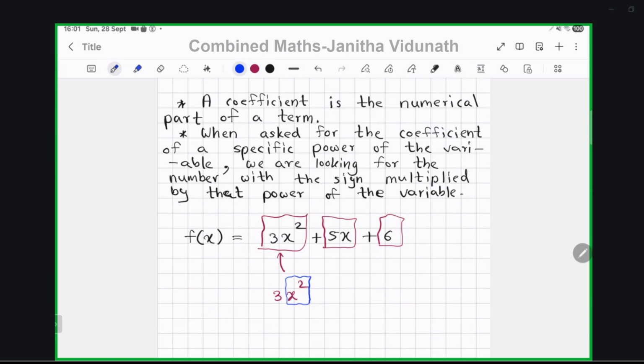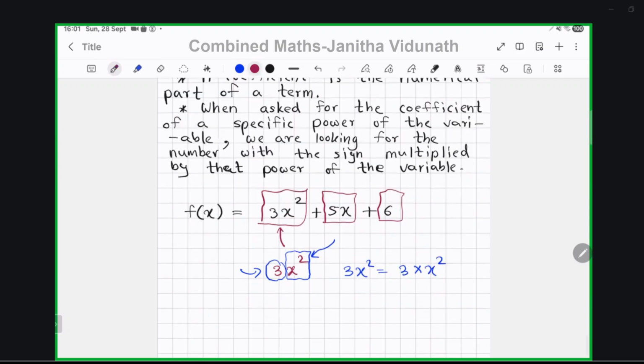We say the coefficient is the numerical part of this whole term. That means this variable is multiplied with 3. This is the numerical part that multiplies our variable term. That means 3x square means 3 times x square.